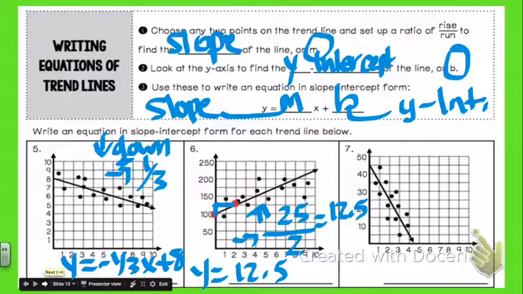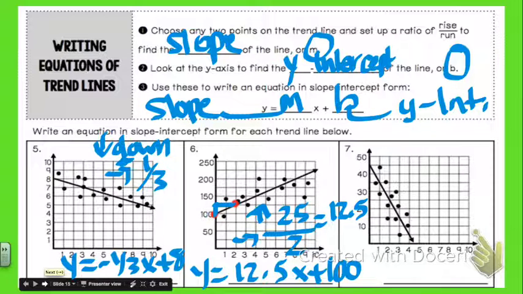And I know that normally we talk about slope always being in a fraction, but here, because of the way that we're looking at the trend lines, we can put it in a decimal form. That's okay as well. So just know that you can do that. So it's 12.5x, and my starting point was at 100, so my y-intercept is going to be 100. So y equals 12.5x plus 100.